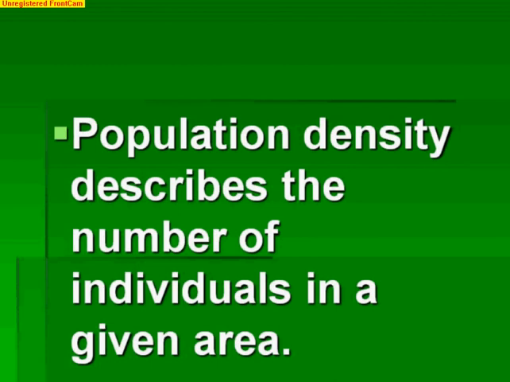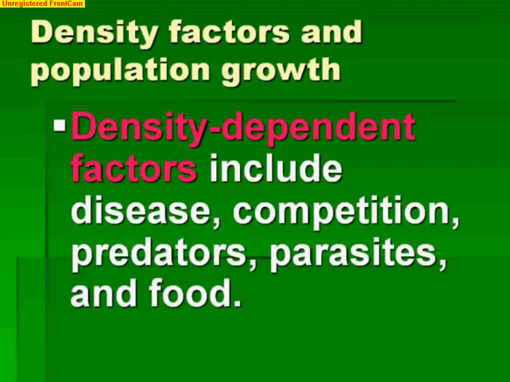Population density describes the number of individuals in a given area. Density-dependent factors are going to include things like disease, competition, predators, parasites, food. A density-dependent factor, its severity is increased or decreased due to the actual density of the population, hence density-dependent.